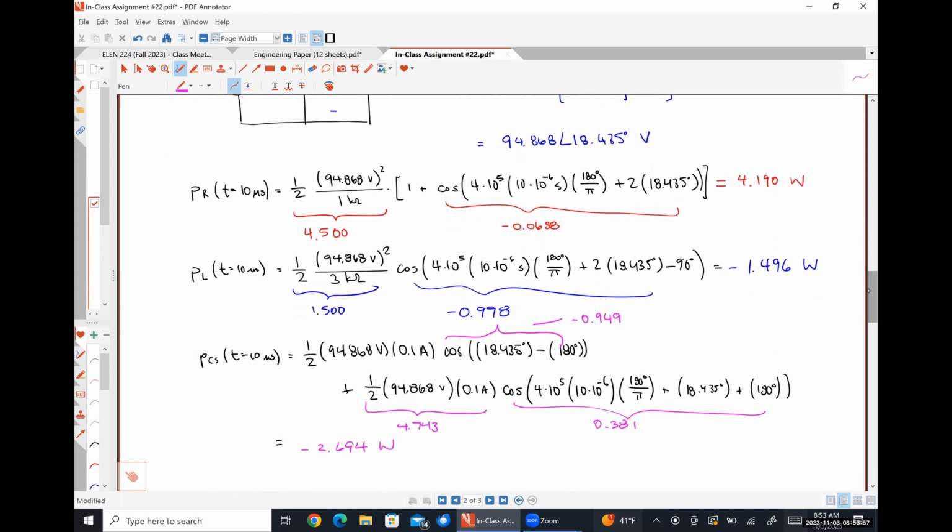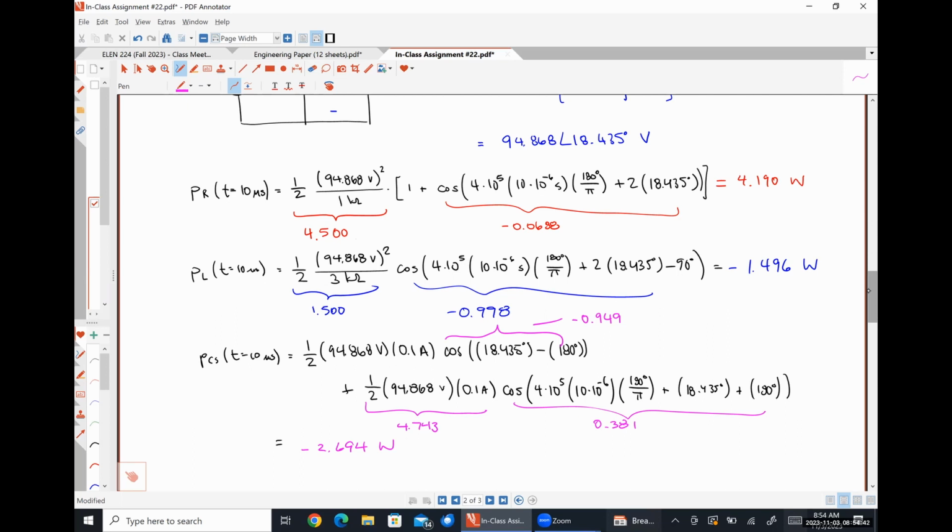So the reason why I chose to work this problem out with you guys was twofold. A, I wanted to illustrate exactly what I was talking about earlier. We're simply taking the results of our frequency domain circuit analysis and plugging the parts into our equation as we need them, okay? And B, I wanted to illustrate that we have to pay a whole heck of a lot of attention to the units, so to speak, of our angles inside of our cosine functions, because our calculators can only handle angles in radians or degrees, certainly not both at the same time.